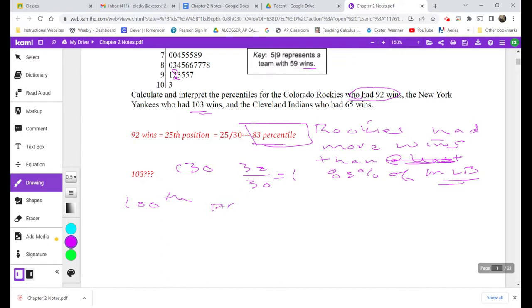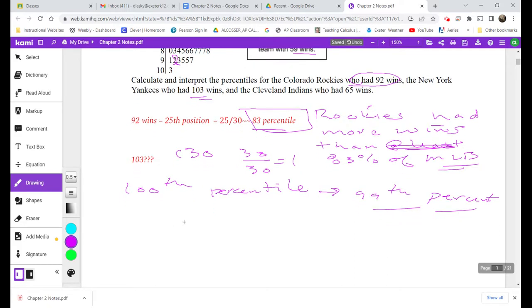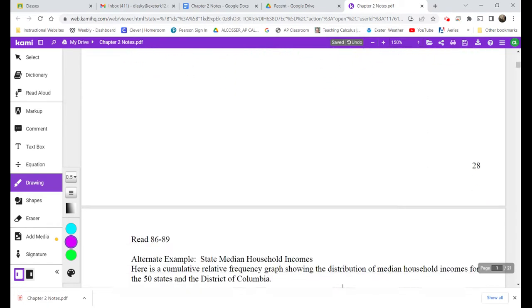Technically, no. There cannot be the 100th percentile, because you're not better than 100% considering you're part of the 100%. So they would technically call that the 99th percentile. You're better than 99%. So percentiles are a little funky, but they're based on order.